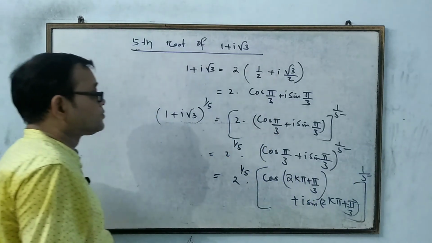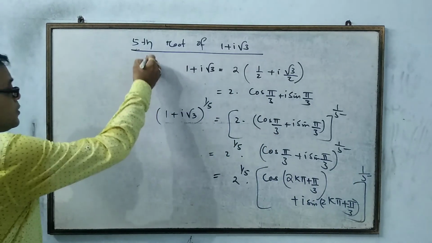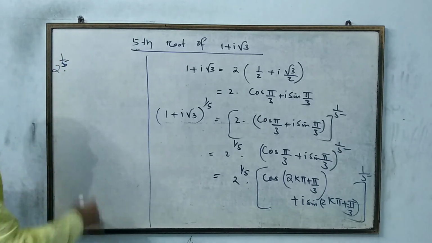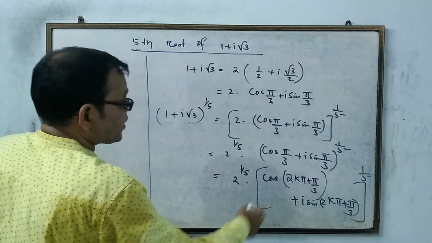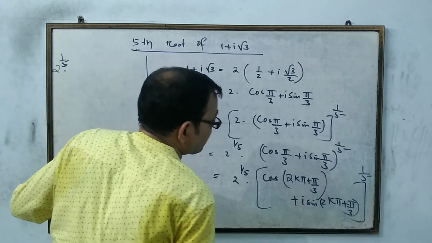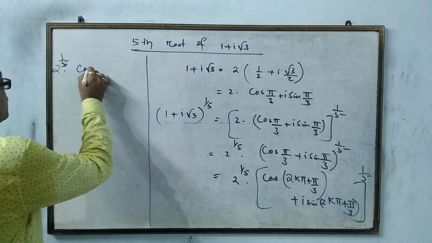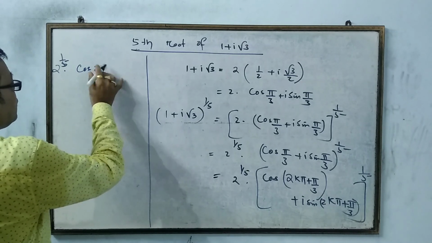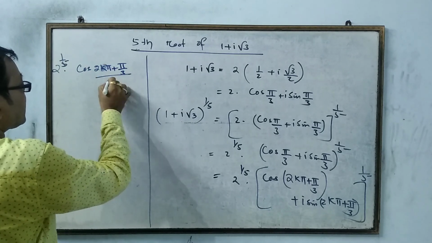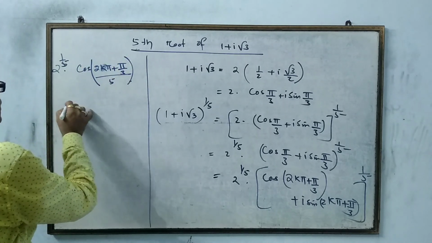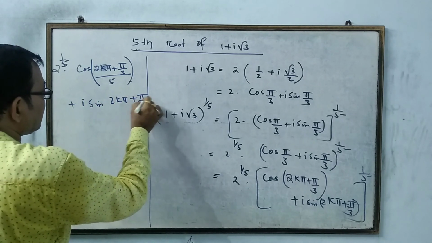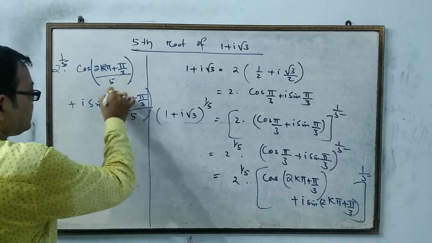Very simple here. Now it is 2 to the power 1 by 5 into cos of 2k pi plus pi by 3 whole by 5, plus I sin of 2k pi plus pi by 3 by 5.